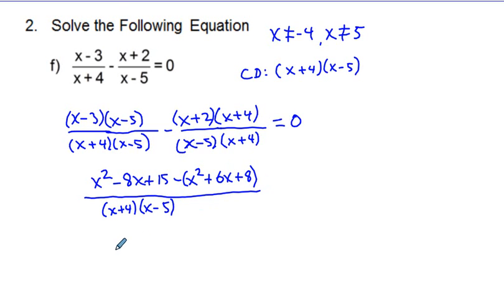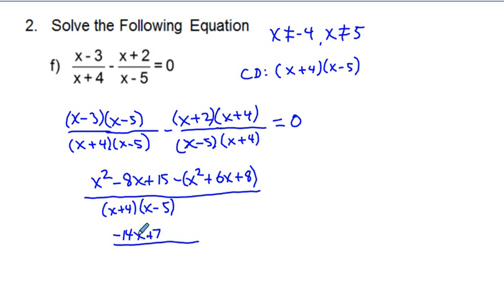And then just continue to work below here. We're going to have x squared minus x squared will cancel each other. And we're going to have negative 8x minus 6x. So we're going to have negative 14x. And then we're going to have 15 minus 8, which is going to be 7.